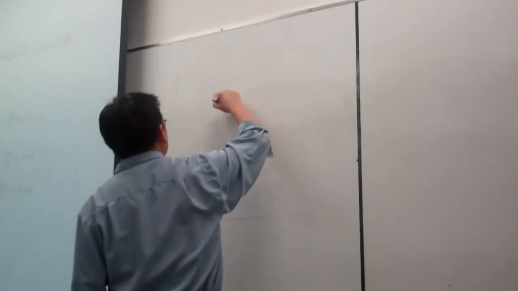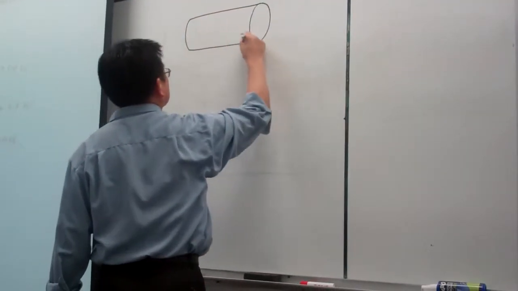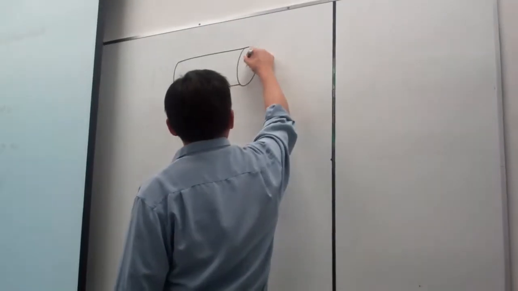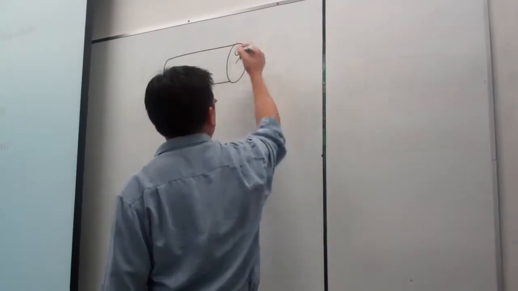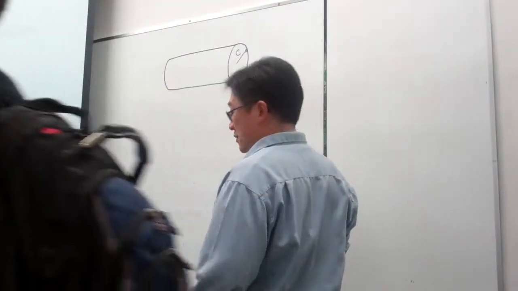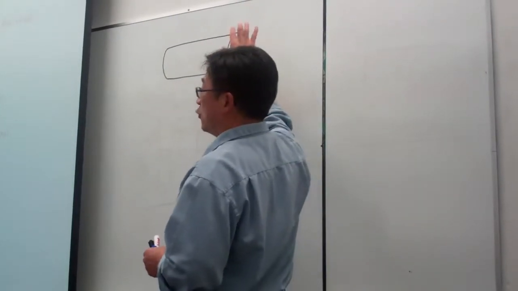Last Friday we had the model. This is a solid shaft with radius C, and C is the notation from our textbook. It is under torsion.